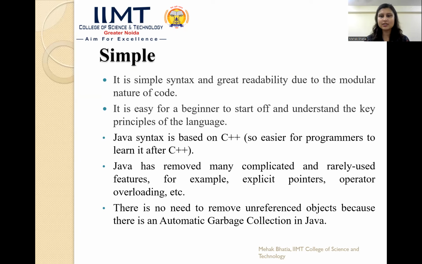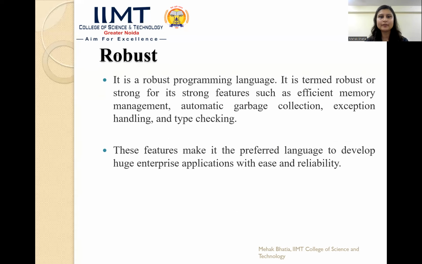In C++, operator overloading is there, but Java has removed it completely. There is no need to remove unreferenced objects because there is an automatic garbage collection feature in Java. The automatic garbage collection feature helps a lot. It simplifies this programming language.